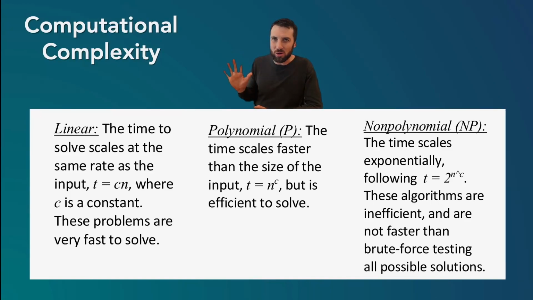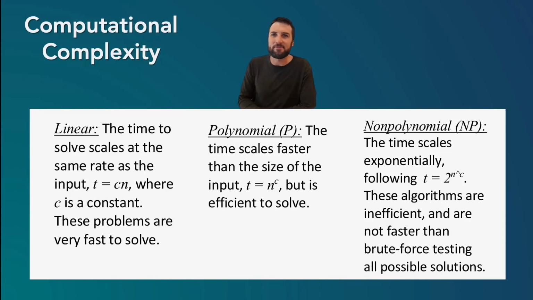It grows on a power scale, which is a lot, but it can grow faster. So non-polynomial, NP, scales exponentially. Non-polynomial time scales very fast. Essentially, the time steps t equals 2 to the n raised to the c power. So this creates an effect that can grow much faster than polynomial time. And essentially, these algorithms are not efficient to predict.